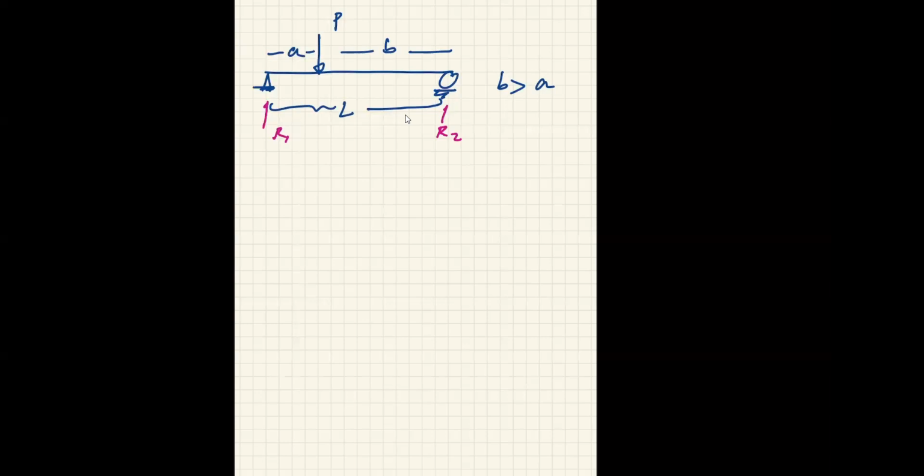Let me continue further. I can simply say by looking at this picture that R1 should be equal to B over L multiplied by P without taking the moment, because I know from my feeling that R1 should be greater than R2. Am I right? But again, if you don't feel the structure this way yet, all you can do is just take the moment at R2 and see for yourself.